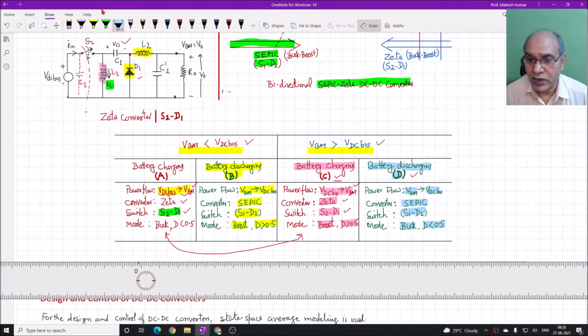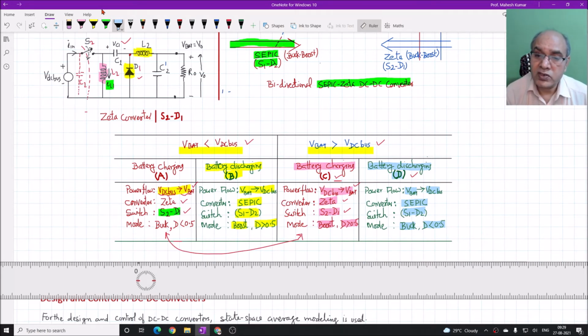That's why you need storage. If we want to extract the maximum power from the PV, then we have to have a storage, because the maximum power may not always be dumped into the load. So the additional power will be pumped back into the storage.